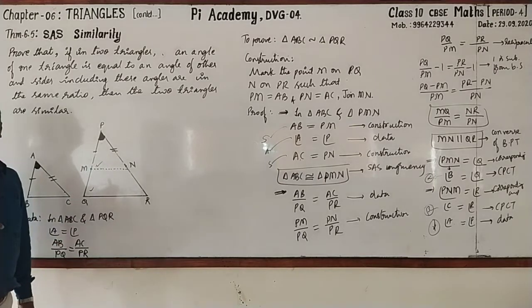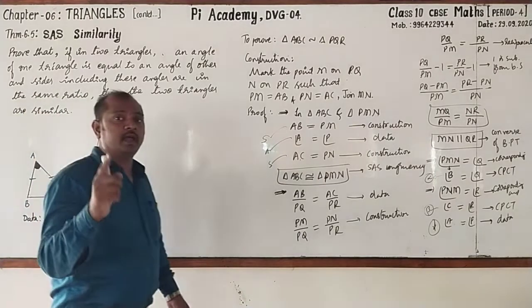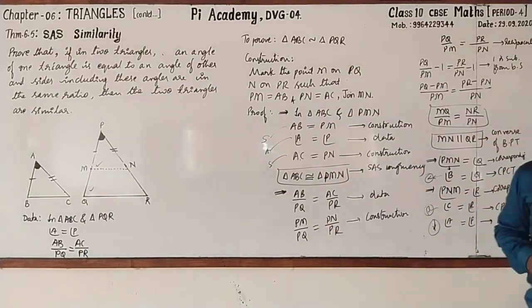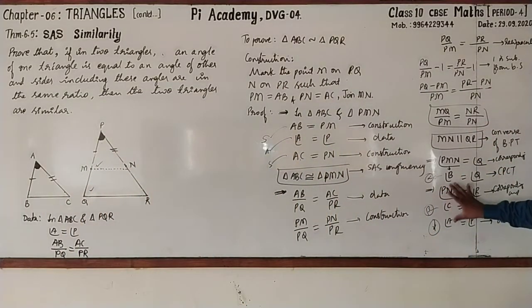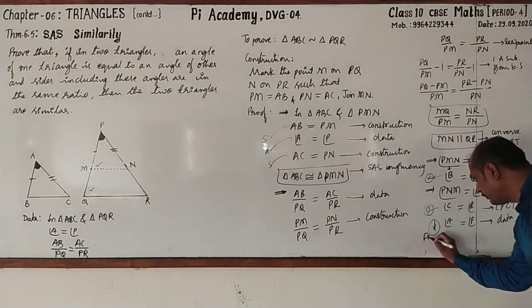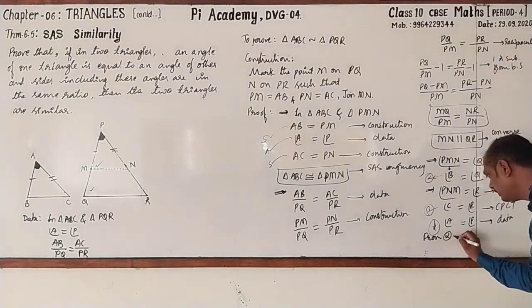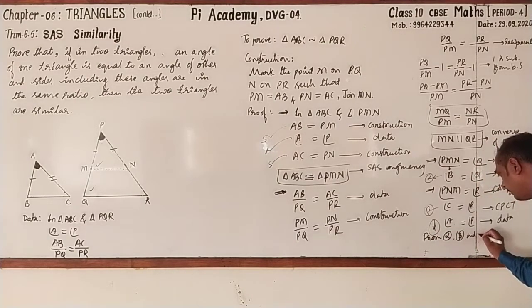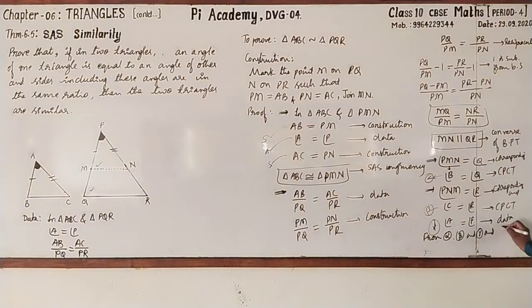According to, yes, you are right, the angle similarity criterion. So, from alpha, beta, and gamma, AAA similarity. Very important, it is an important one. That's why I told you.